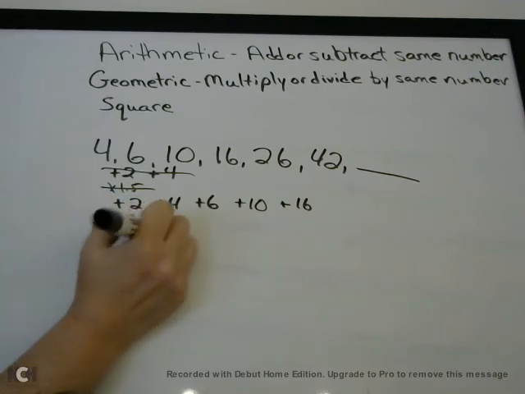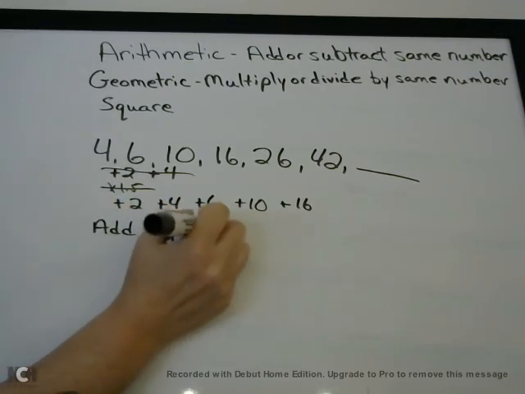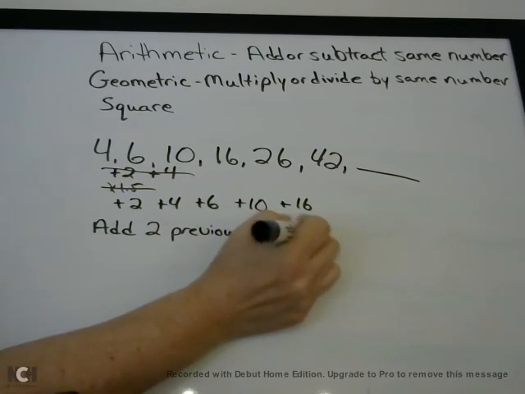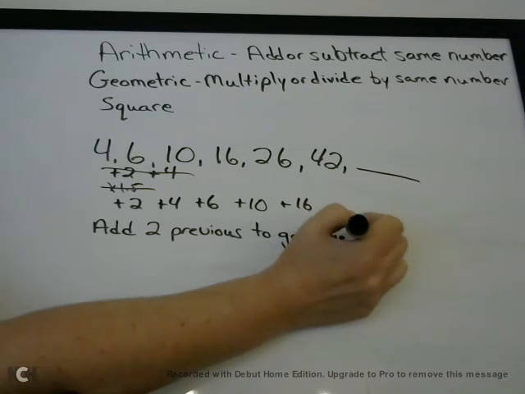Add 2 previous numbers to get the third number.